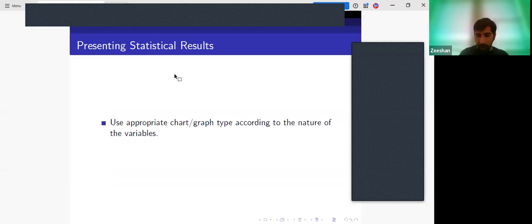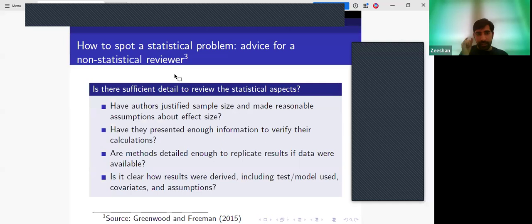Okay, so now we are going to discuss briefly what kind of statistical issues a non-statistical researcher may face, right? And just try to be a reviewer yourself of your work, try to criticize your own work, and that's how you will improve the quality of your work as well.